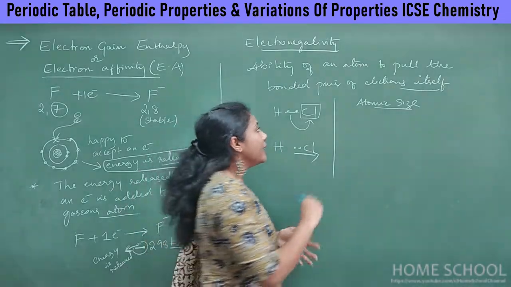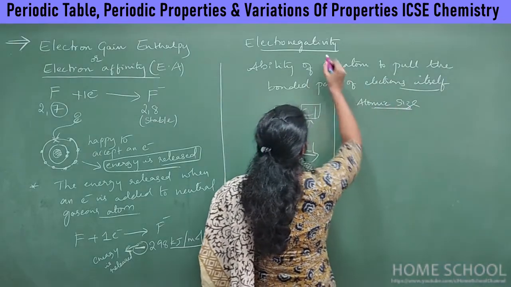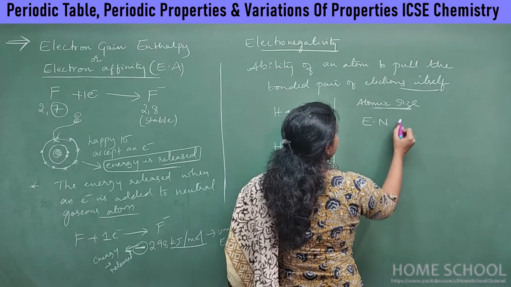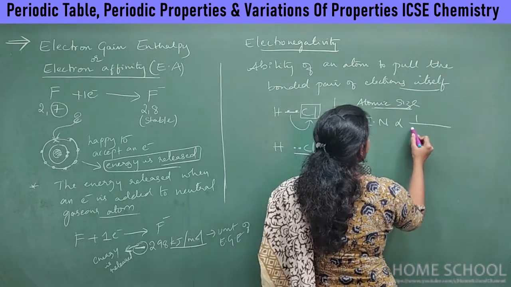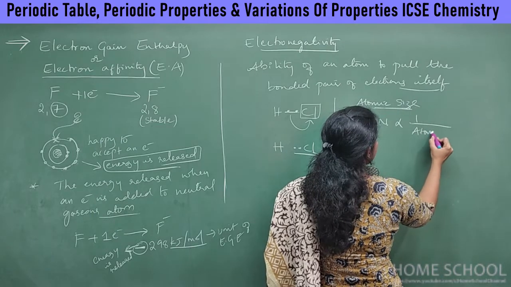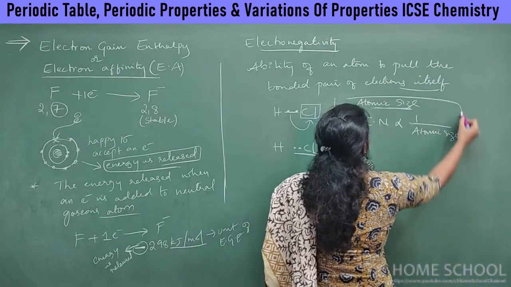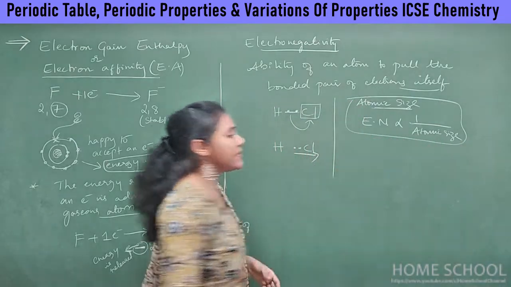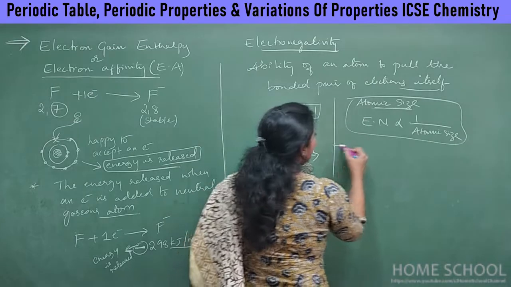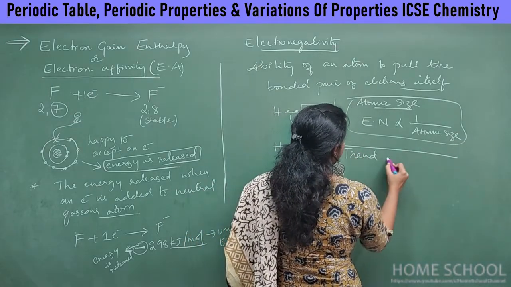So how does atomic size vary with electronegativity? I can say electronegativity is inversely proportional to atomic size. This is a very important relation one must understand. Based on this atomic size, I can always talk about the trend in electronegativity.